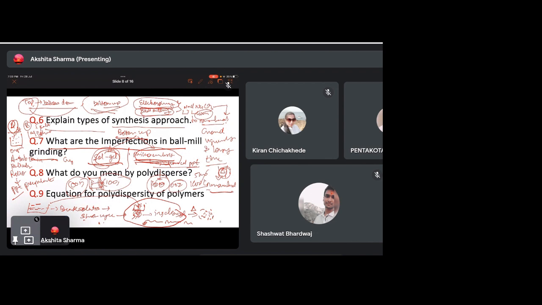So if you want to study an electrochemical property, and your electrochemical property is enhanced when your sample is exposed to the 002 plane, then it is good, then the performance is enhanced. But if you go by ball milling, the electrochemical performance is not enhanced. Fine. So these are the things you have to keep in mind before deciding on the synthesis approach you want to carry forward. Fine. So this question number 7 is done.